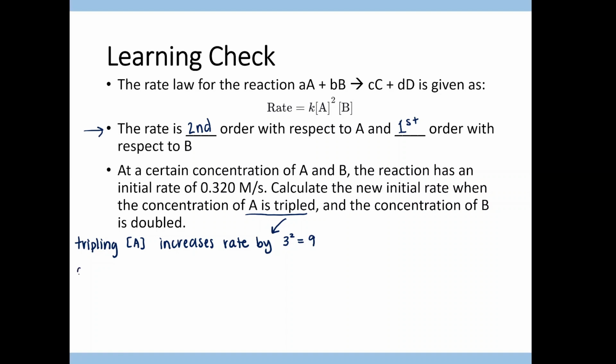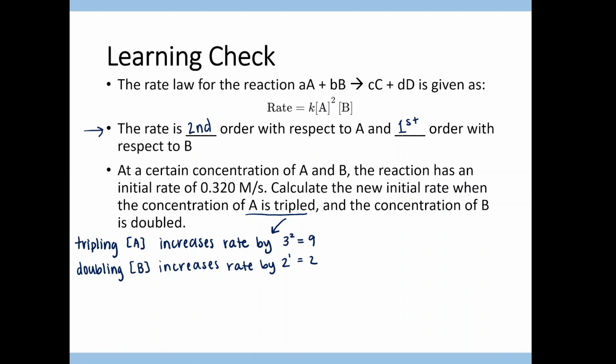If we double the concentration of B, that increases the rate by 2, because we're doubling, raised to the power of 1, because the reaction is first order with respect to B. So it increases the reaction rate by a factor of 2.